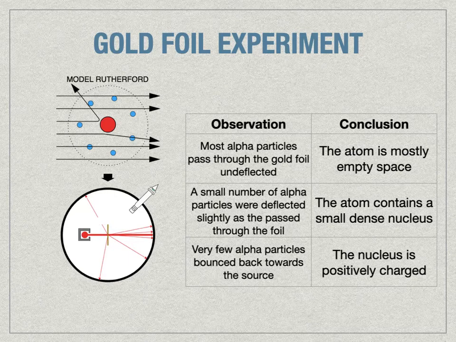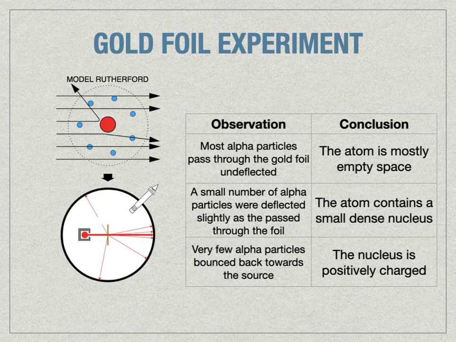We know it's positively charged because if you get a direct hit and this thing were negatively charged, the particle should stick to that nucleus because positive and negative charges would be attracted. Because it bounces off when you get a direct hit, that tells us that when they hit each other, they're repelled by one another.